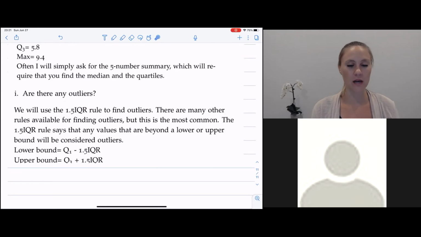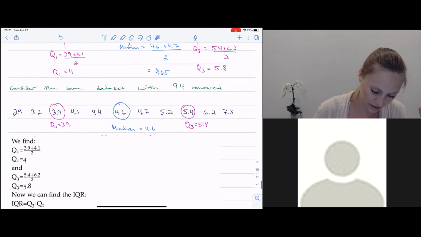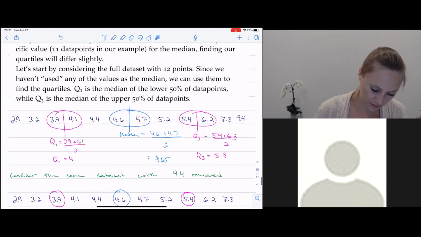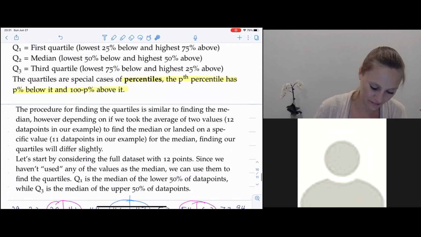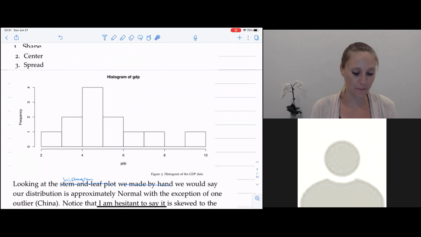Now the problem becomes, when I look at that histogram, going back up there, sorry, it might lag a little bit here, but I think it's worth it. Let it catch up. Remember when I described this distribution, I said it's approximately normal, maybe with the exception of a potential outlier over here.